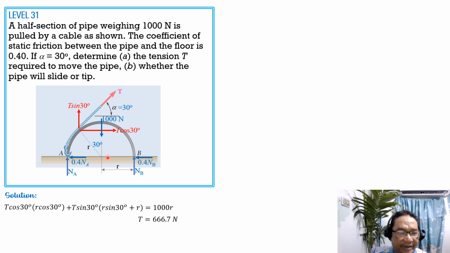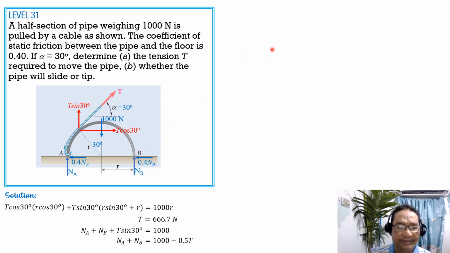So from the figure, summation forces vertical equals 0. So Na plus N sub B plus T sine of 30 degrees equals 1000. So Na plus Nb equals 1000 minus T sine 30 degrees. So it is 1000 minus 0.5 of tension.